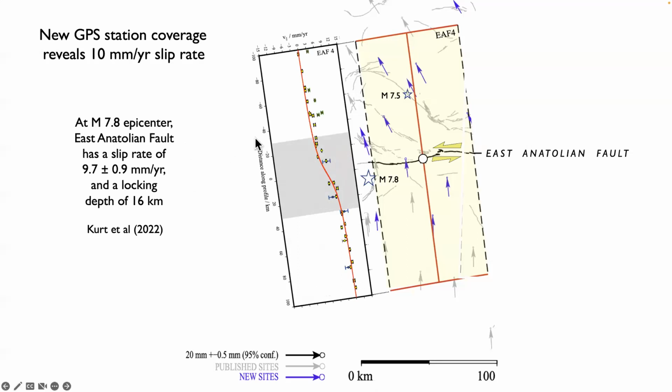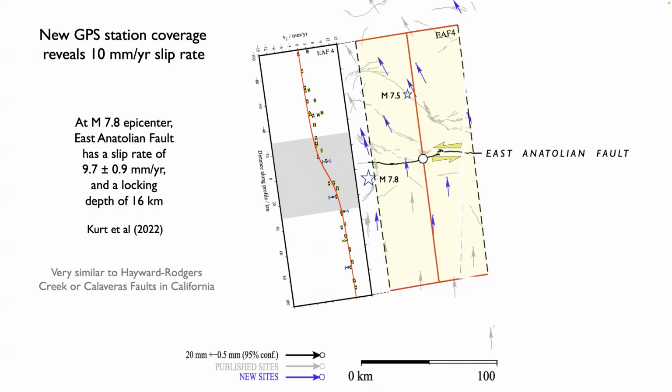And the total offset of the red line from here to here is 10 millimeters per year. And the width over which this occurs tells us the depth at which the fault is locked, and it's about 15 or 16 kilometers.